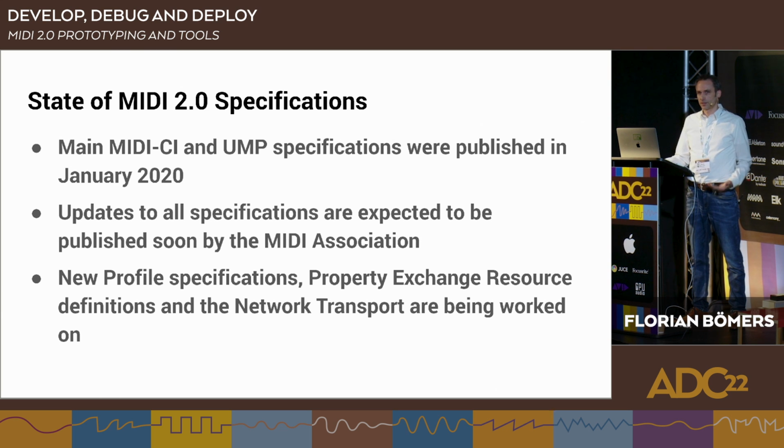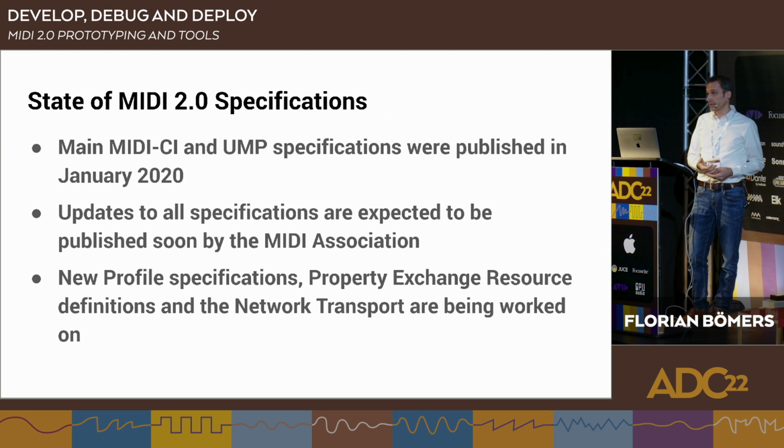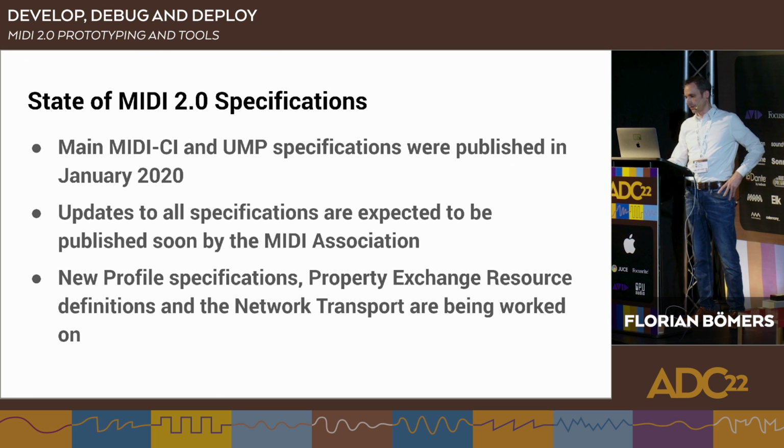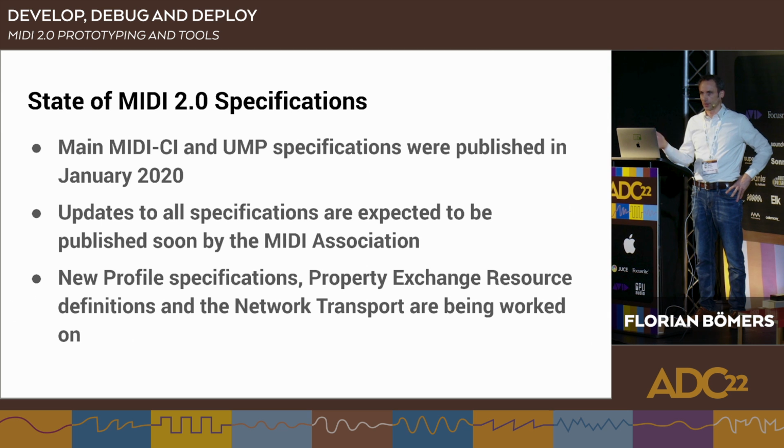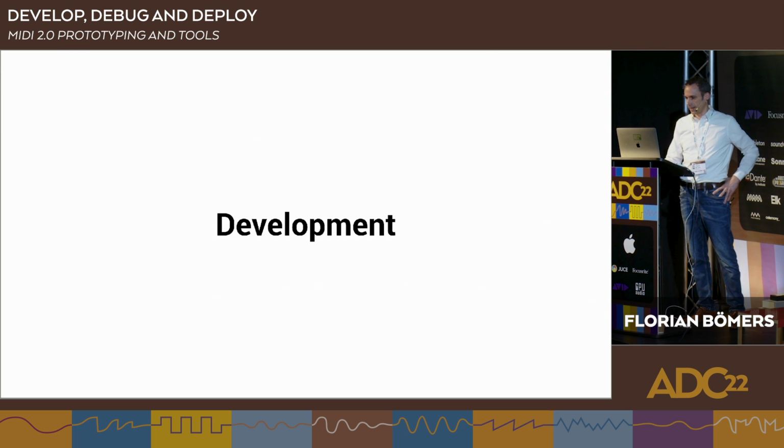And the MIDI Association is very busy working on updates to the existing specifications. There are a couple of things that need to be fine-tuned, and there'll be updates soon. And also new specifications are being worked on, new profiles, property exchange resources, and that will probably go on for quite some time.